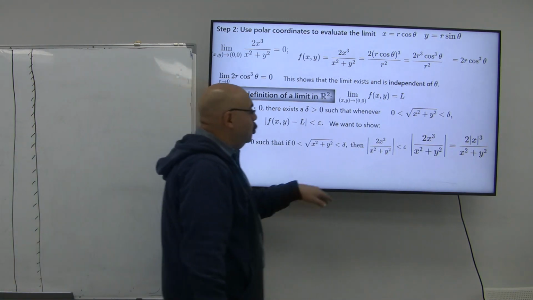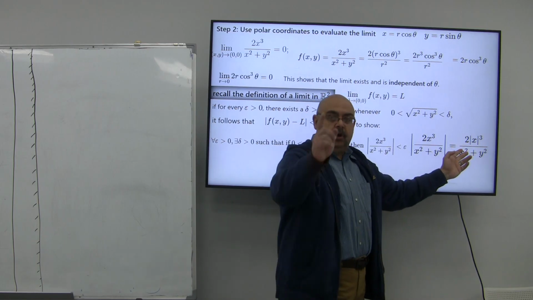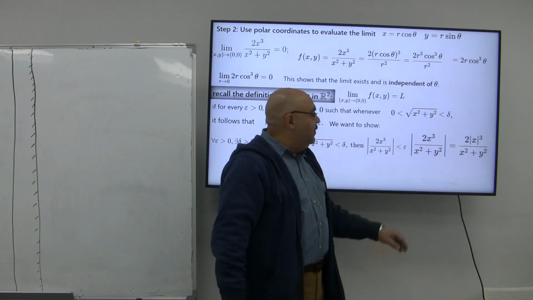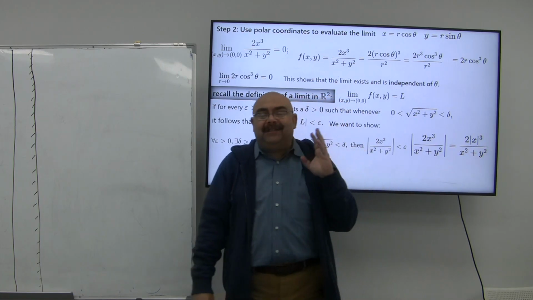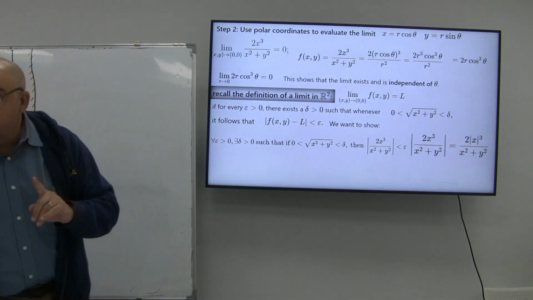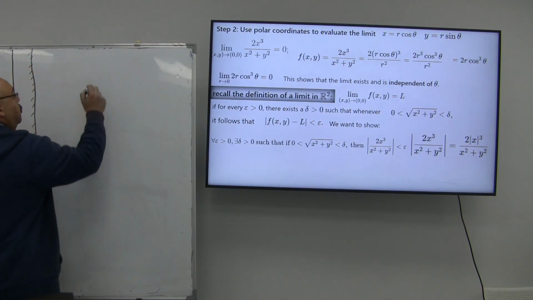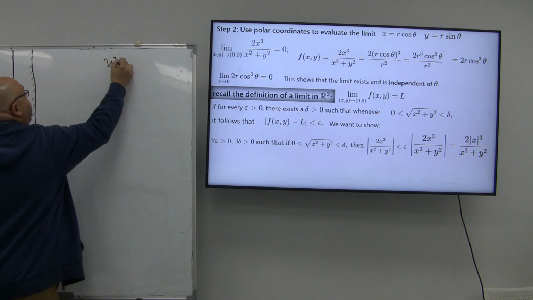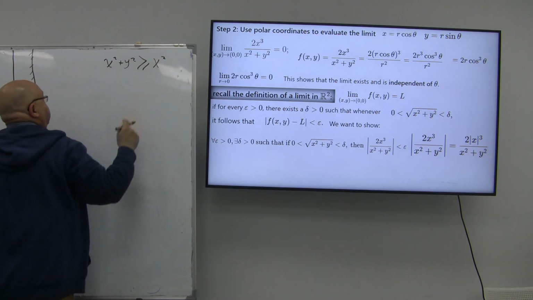Look at this: we already know that x squared plus y squared is greater than or equal to x squared.